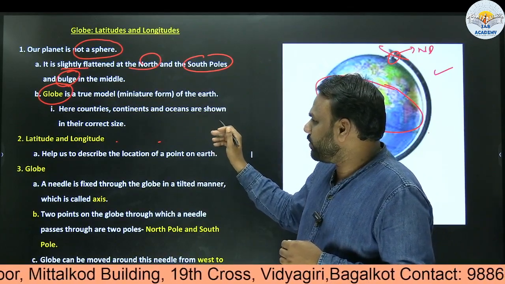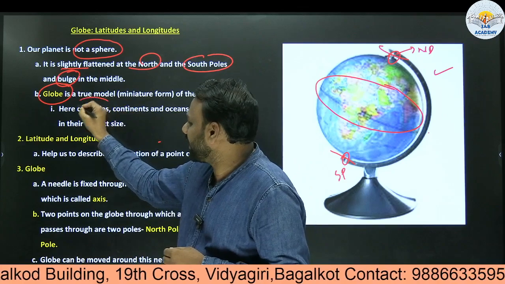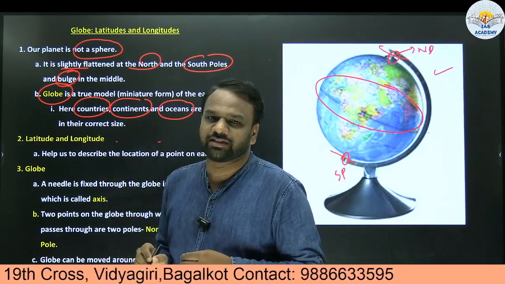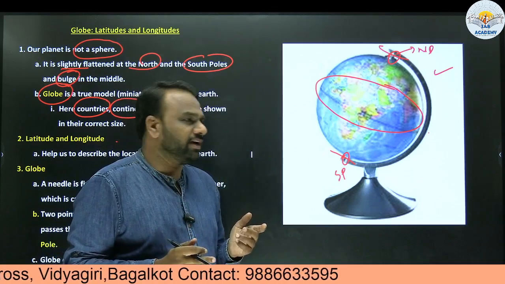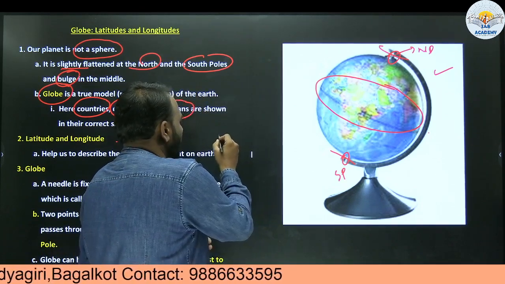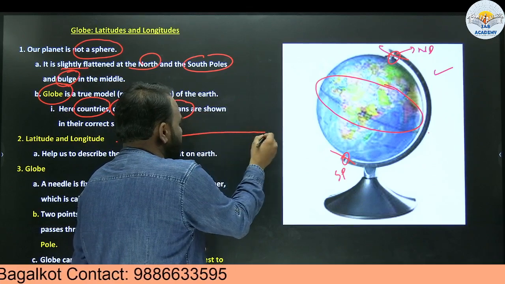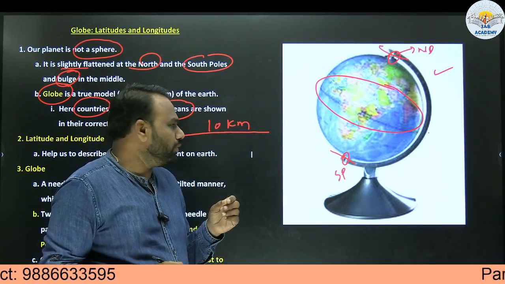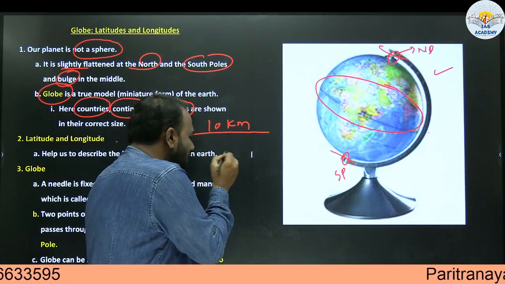Here countries, continents and oceans are shown in their correct size, that is, relative size. What does it indicate? Physically, if we want to represent a distance, let us assume it is 10 kilometers, on a map if I want to represent it, it will be like a small dot.